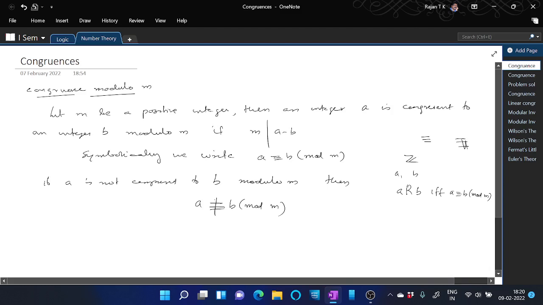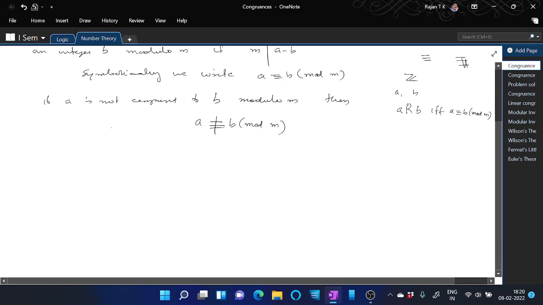Let us take certain examples. Consider m equal to 5, a equal to 23, b equal to 3. Then it is clear that 5 divides 23 minus 3. 23 minus 3 is 20, so 5 clearly divides 20, and therefore we can say 23 is congruent to 3 mod 5.